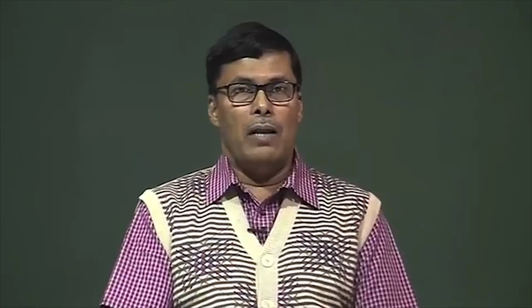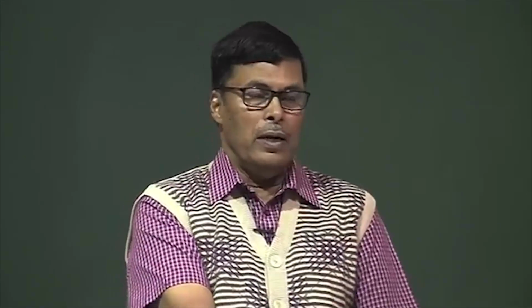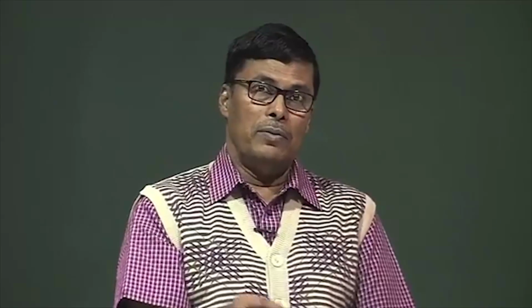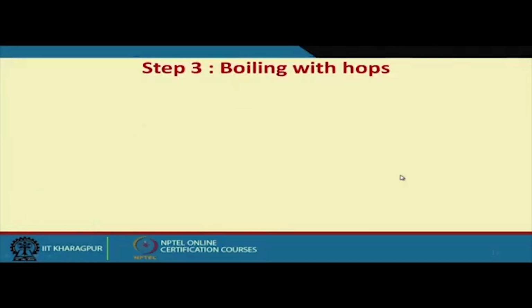Then at higher temperature, above 60 degrees centigrade, saccharification takes place, where alpha amylase degrades the starchy molecules to glucose. And the downward method starts from high temperature to low temperature. In the decoction process, basically proteolysis takes place at two different temperatures, and saccharification takes place at two different temperatures. That is called the decoction process.